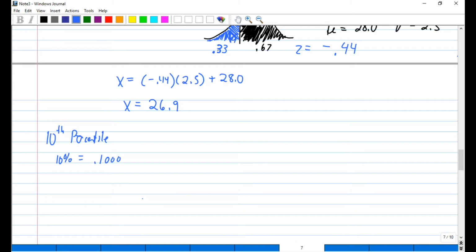But 0.1003 is only 3 ten-thousandths away. So that's as close to 0.1 as we can get. So what would be the z-score that would correspond to that? Negative 1.28. That's the z-score that corresponds to the 10th percentile.